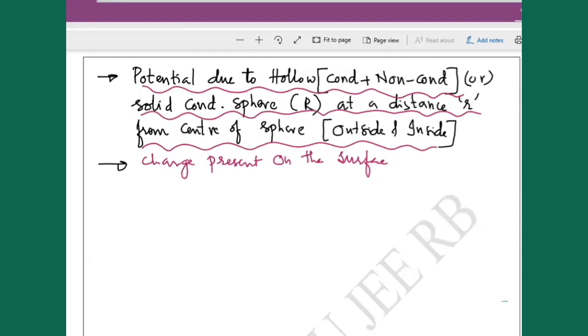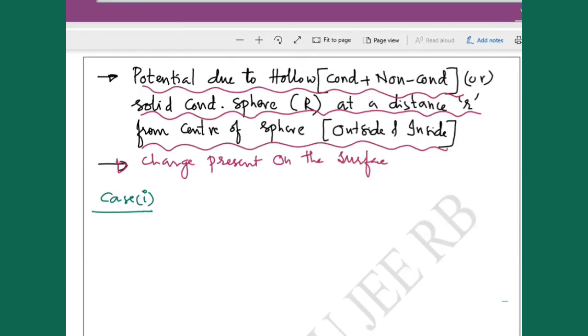Only charge will be present on the surface. Now let me take case 1. Case 1: first let me consider outside, on the surface, and inside, the same thing as we calculated in electric field intensity.